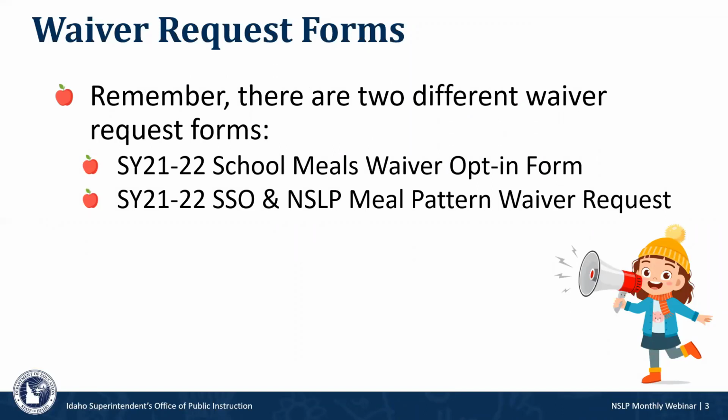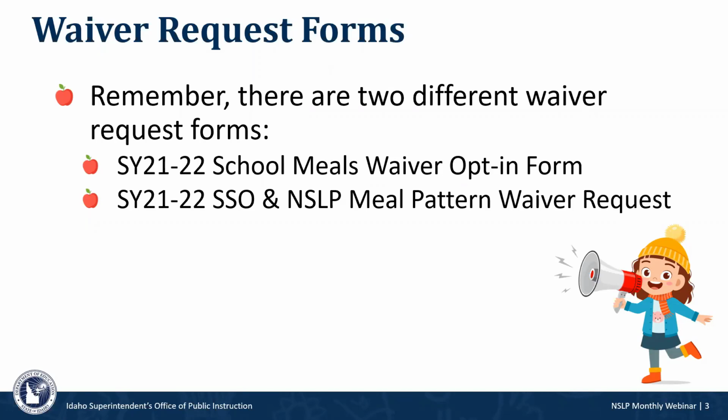One was the school year 21-22 school meals waiver opt-in form. That was the form that we had requested that you complete, elect which meal operations you were planning to use this school year, and upload a copy of that into your renewal packet.